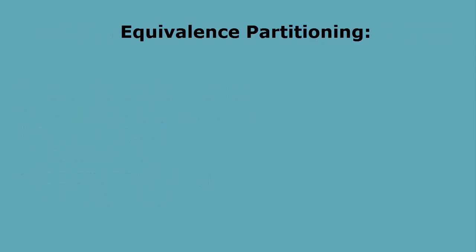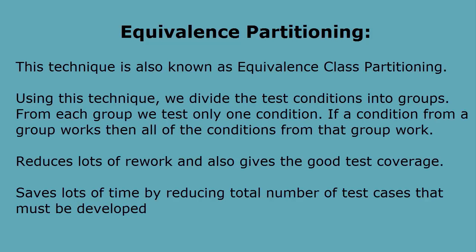First technique in our list is equivalence partitioning. This technique is also known as equivalence class partitioning. Using equivalence partitioning test design techniques, we divide the test conditions into partitions. From each partition, we do test only one condition.